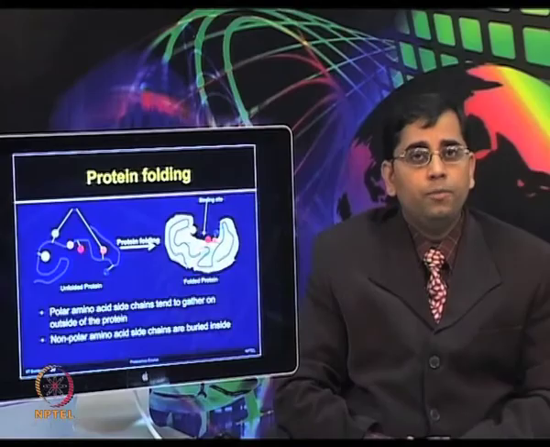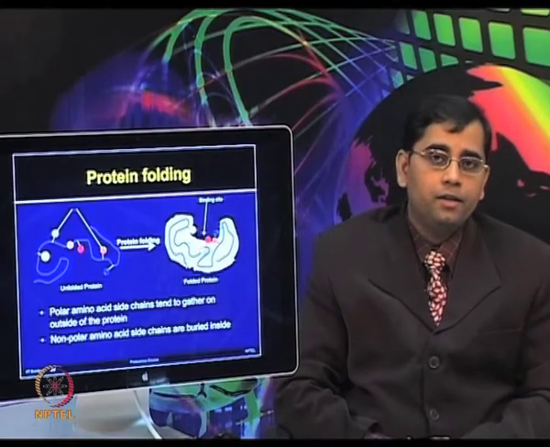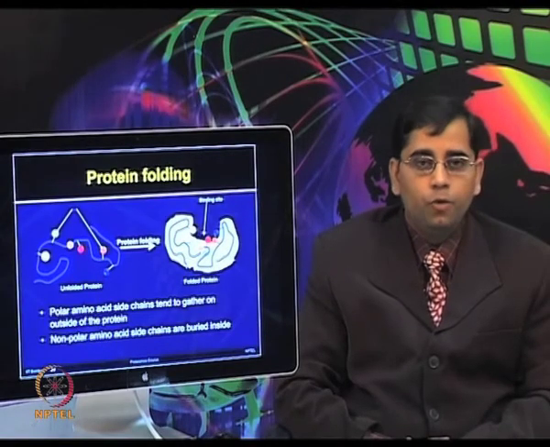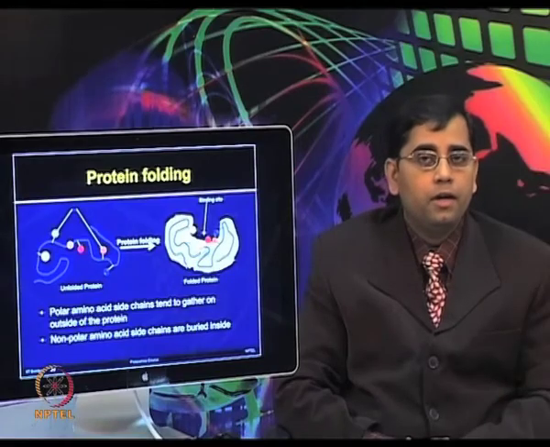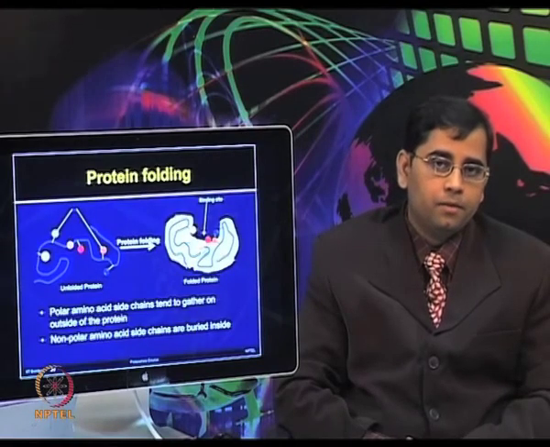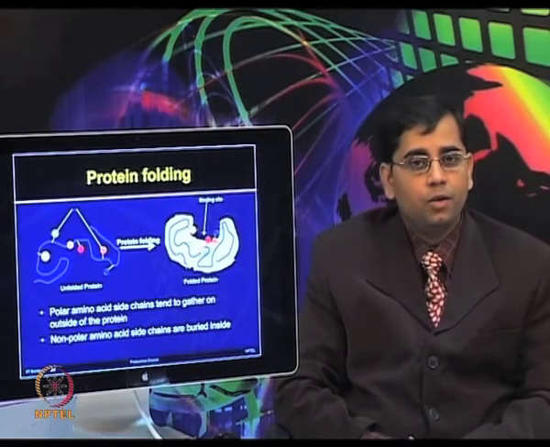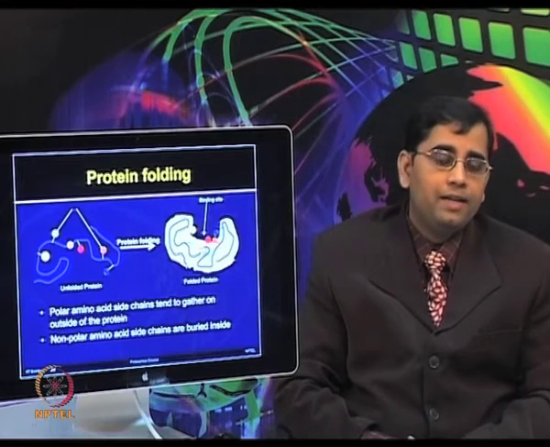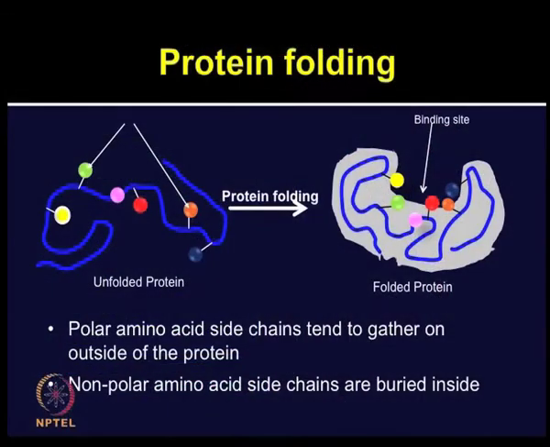The protein folding process is governed by distribution of polar and non-polar amino acids. If you remember last class, we have talked about various amino acids. The polar side chains tend to arrange themselves near outside of the molecules. You take for example arginine, glutamine, histidine.